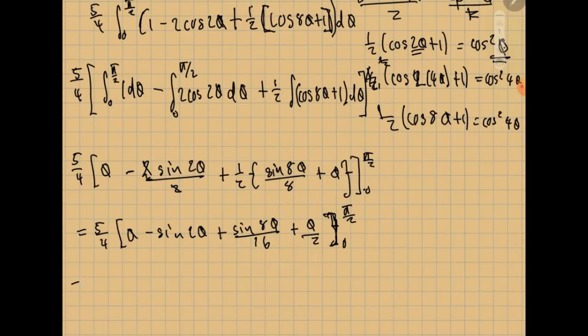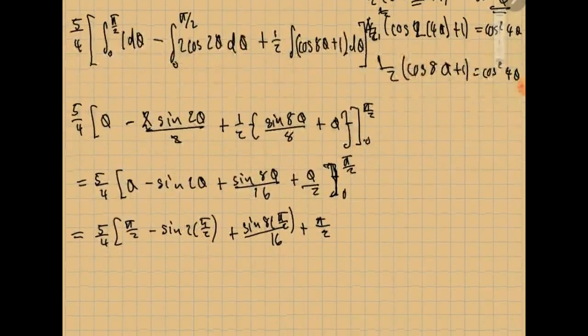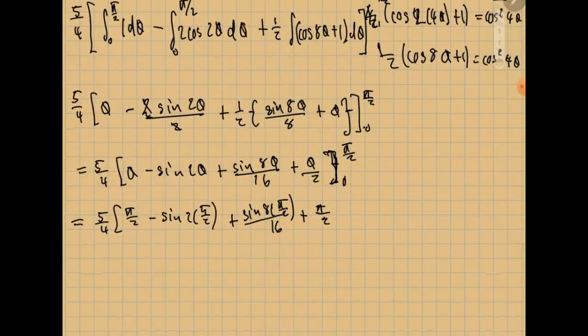Okay, so now we can check. When theta is pi over 2, we'll be saying 5 over 4 multiplying pi over 2 minus sine 2 of pi over 2, plus sine 8 of pi over 2 over 16, plus theta over 2. So this is the first one.